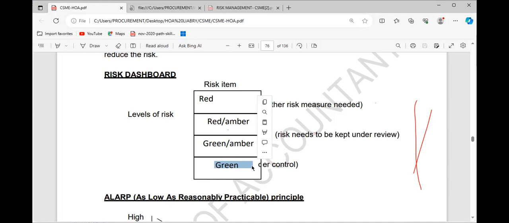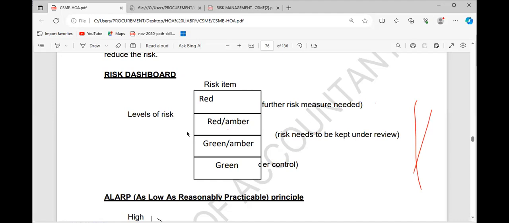So it means it has low impact and low probability of happening. Then when it comes to green, amber, then it becomes risks that need to be kept under review. This is the period you are going to be monitoring the risk. And you make sure that the risk does not go beyond that particular level.